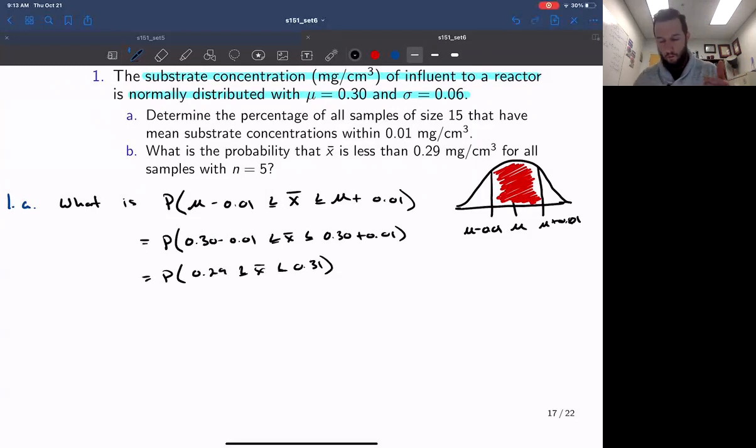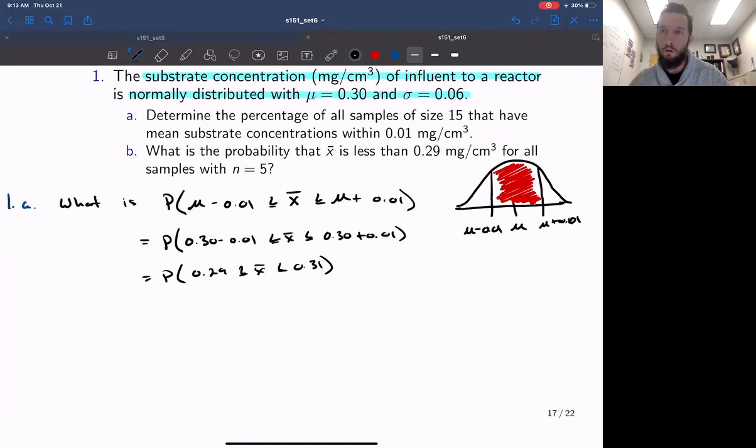All right, now we have seen lots of problems like this already. So we have seen illustrations of problems where we have 3 is less than X is less than 5, and we know that X is normal. So we know that we just have to standardize and go to the normal table. This is the exact same thing. The only difference is that we're working around X bar.